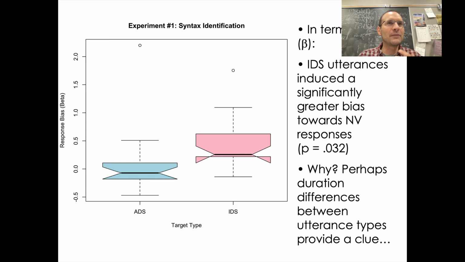Then we ran another group of listeners in a separate study where we transplanted the durations between infant-directed and adult-directed speech, so that you could get the prosodic or pitch cues normally associated with infant-directed speech, but with the adult-directed durations, which are normally shorter, and then vice versa in another set of stimuli where you had adult-directed speech pitch cues plopped on top of infant-directed speech durations of particular words and syllables.